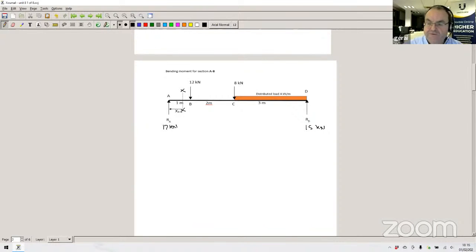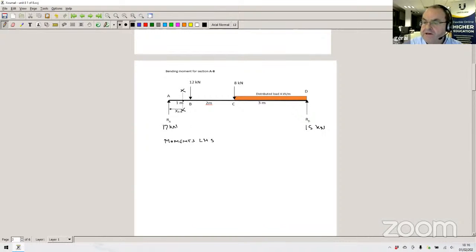So what we can do, first of all, is do moments on the left-hand side.